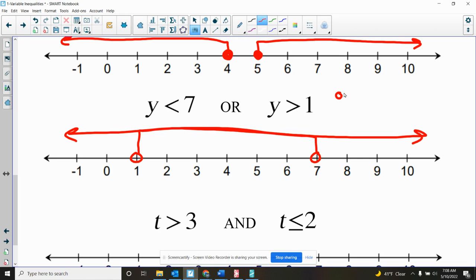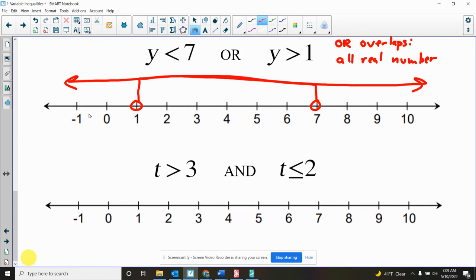So if you have an or that overlaps, that means your solution is all real numbers, because every number is either less than 7 or greater than 1, or some of them are even both at the same time. So when an or overlaps, all real numbers, the whole number line gets filled in.